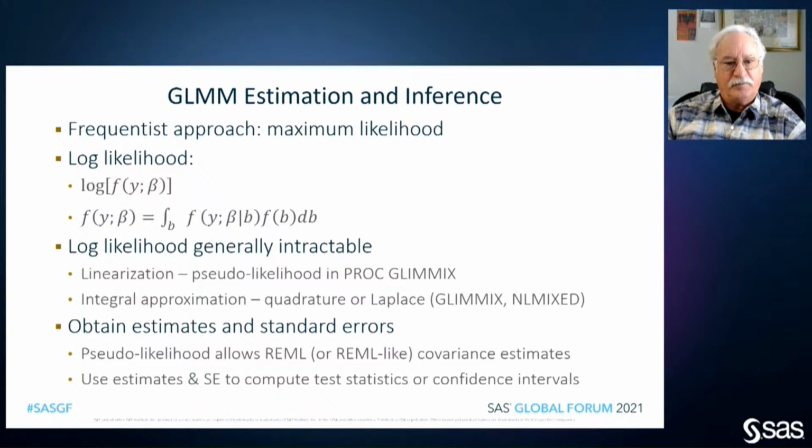Pseudo-likelihood allows us to obtain residual maximum likelihood, or what are called REML, covariance estimates. These are generally preferred because they're essentially unbiased.